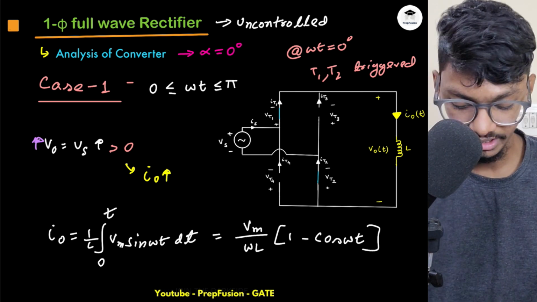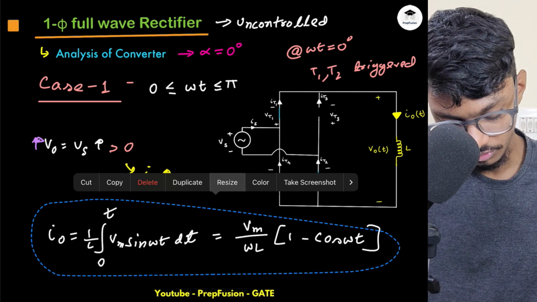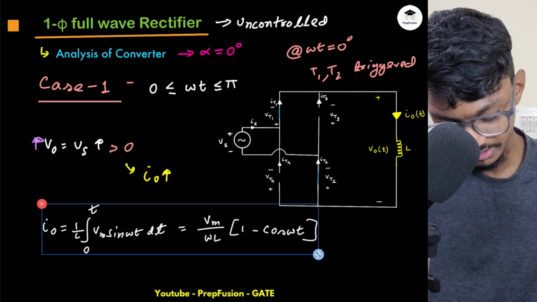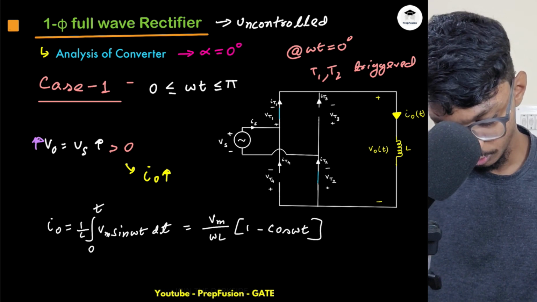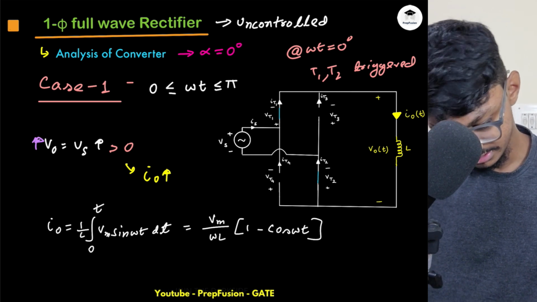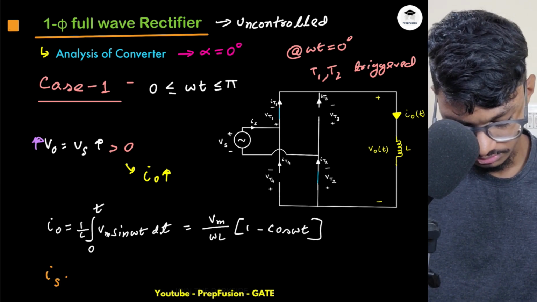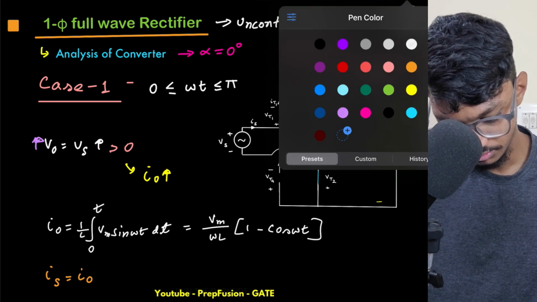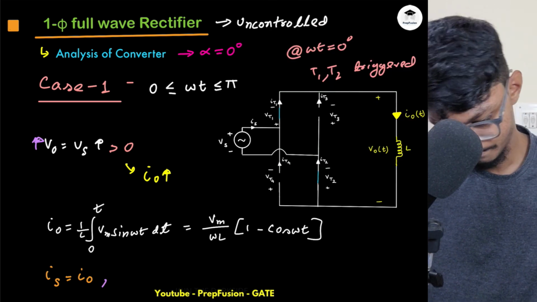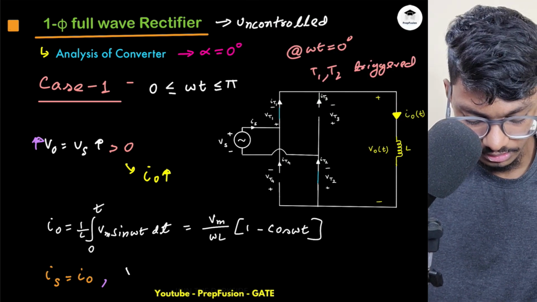So in this case we have to take care of the power flow as well. From where to where is the power flowing? If you observe carefully, currently my Vs is positive. What is my Is? Is is equal to IO.